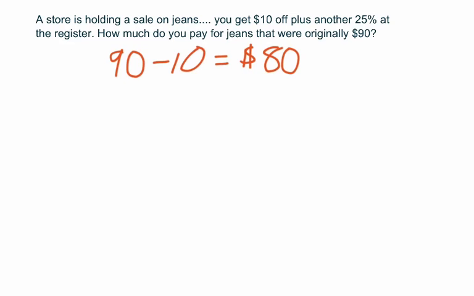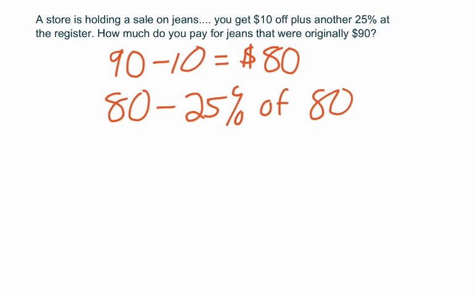Now you're going to take off another 25% at the register. There are a couple of ways that you can do this, but I'm going to work through it one way that I think is going to help us when we get to the composition part. So you're going to take the $80 and subtract 25% of $80.